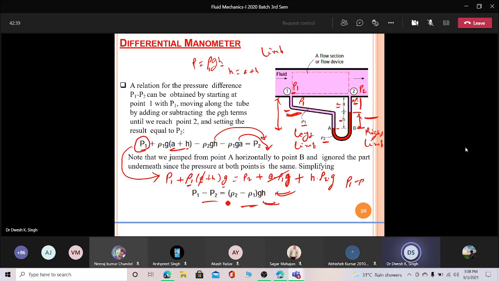And then you will have only the H term. Look at here, that is ρ1 and that is ρ2. So that is ρ2 minus ρ1, the only H term there. So this expression can give you the difference in the pressure at the two points.